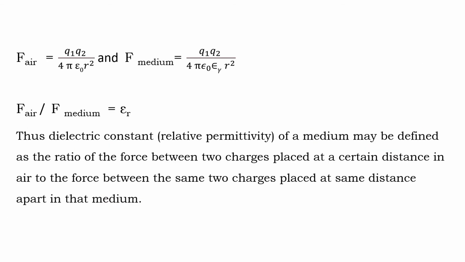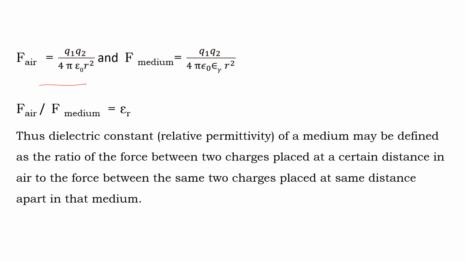Next, consider Coulomb's law in two different media: first, Coulomb's law in air medium, and Coulomb's law in a different medium. For the air medium, Coulomb's law can be represented as 1 by 4 pi epsilon 0 Q1 Q2 by r square.